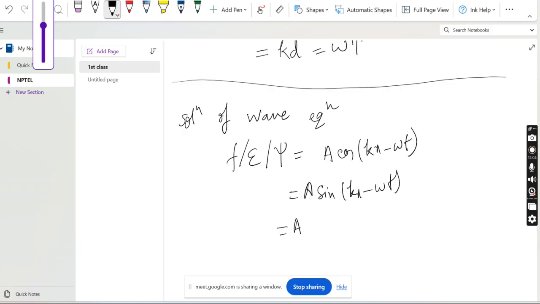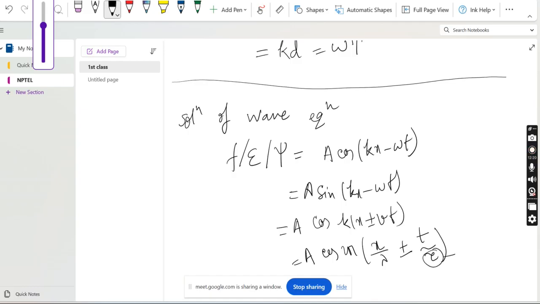A cos(kx plus or minus vt). A cos 2 pi (x by lambda plus or minus t by tau). Tau will be the time period.